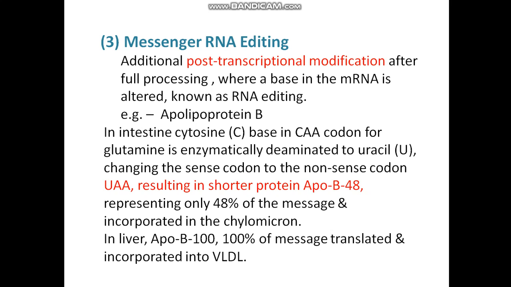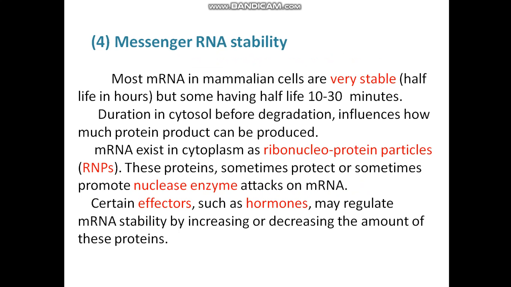In the intestine, the cytosine base in a CAA codon is enzymatically deaminated to uracil, thus converting it into a stop codon, a nonsense codon, and resulting in a shorter protein, ApoB48, which is only 48% translation of the gene, and is incorporated in the chylomicron. But in the liver, there is 100% translation, giving ApoB100, the apoprotein of VLDL.